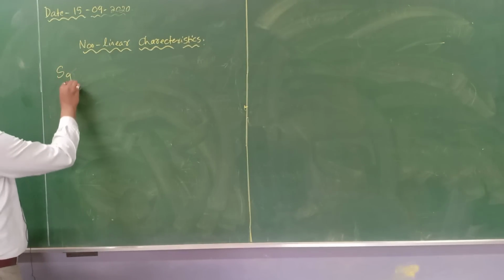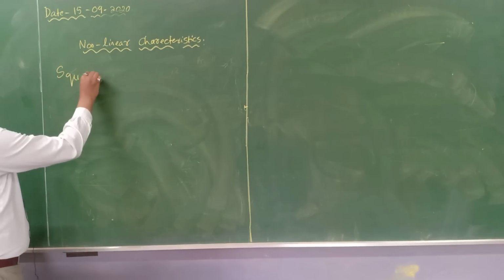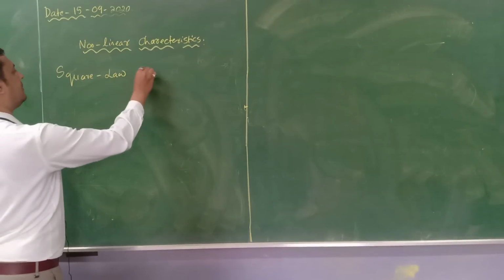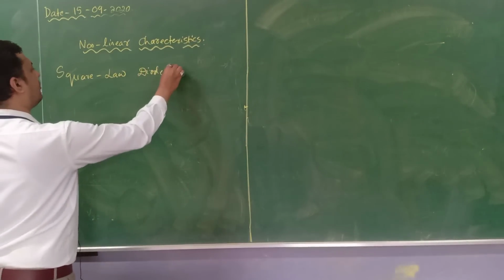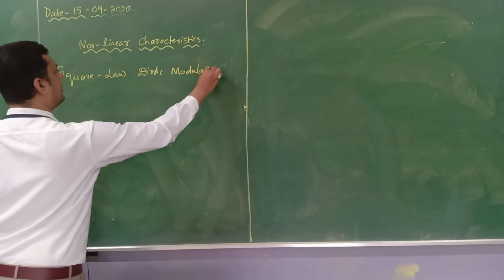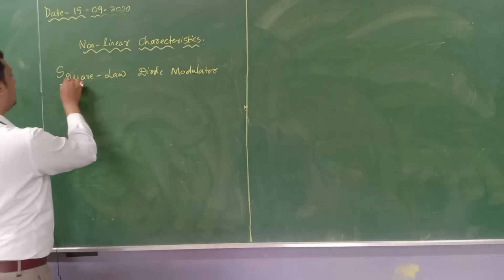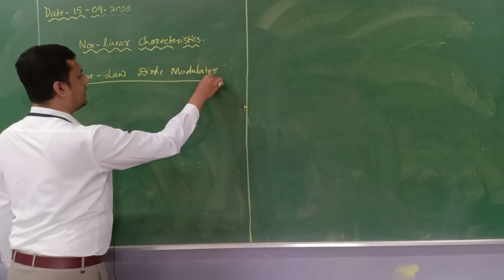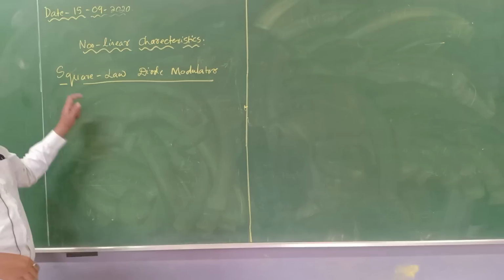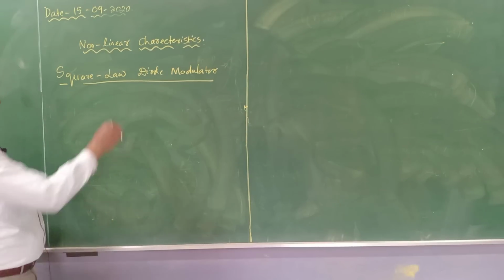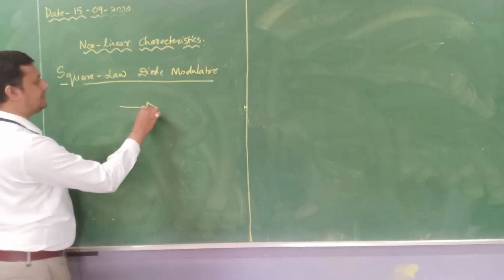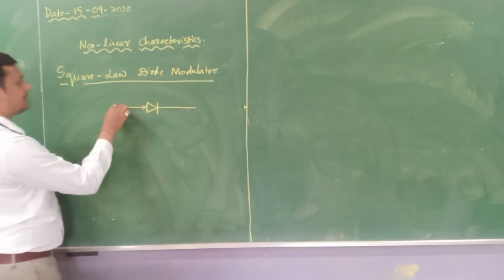So the first modulator is the square law diode modulator, because in this we are going to use the diode and the characteristics with respect to potential and current in terms of square. So here we are using a diode as a modulator.